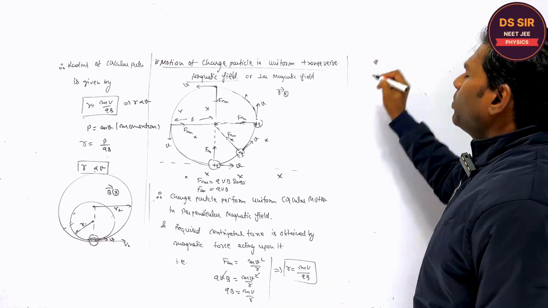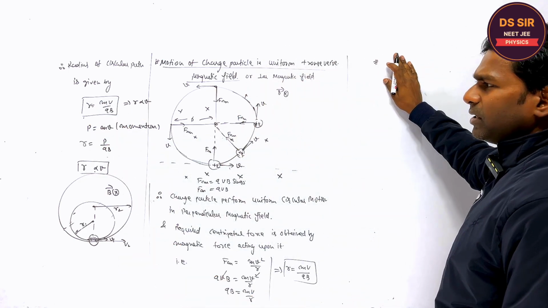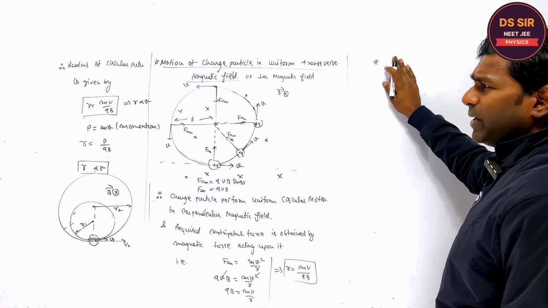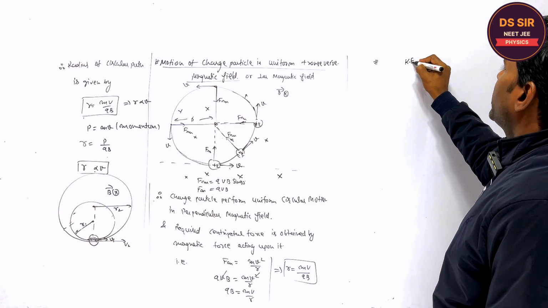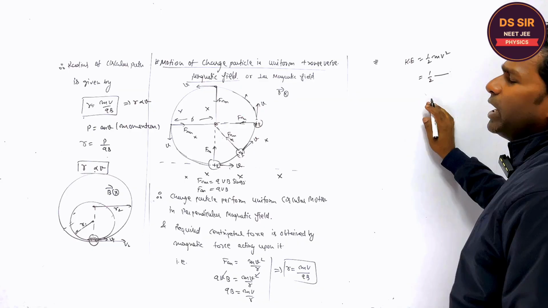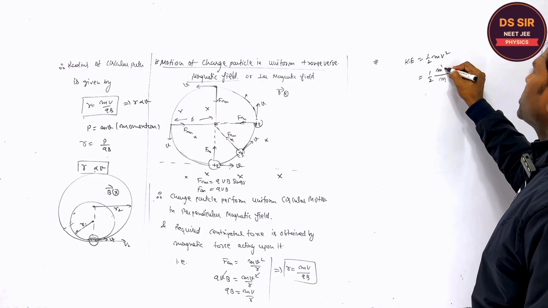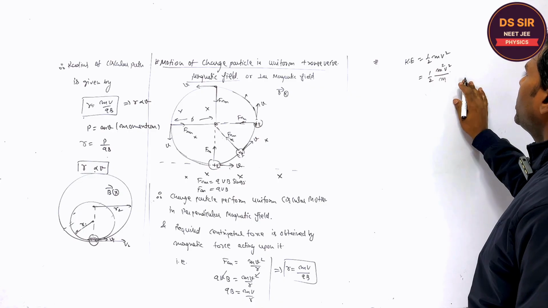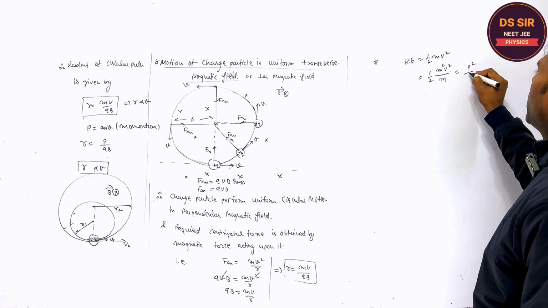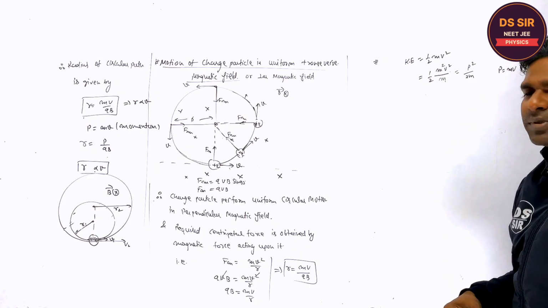Although the radius formula in terms of momentum may be represented in many different ways, suppose the kinetic energy is equal to half mv square. If you multiply by m in the numerator, it is also multiplied in the denominator. Are you getting? So it is p square upon 2m, because p is nothing but mv.